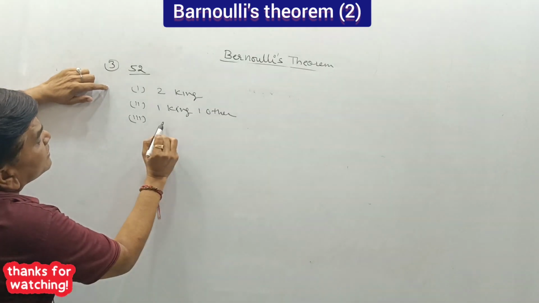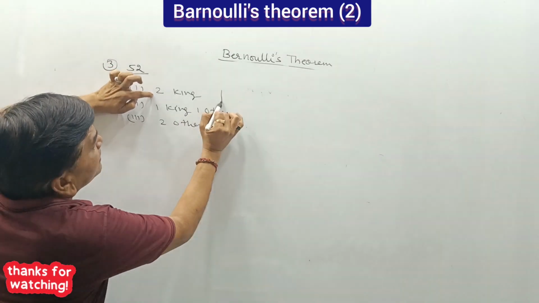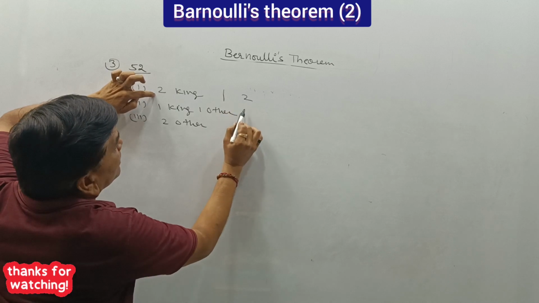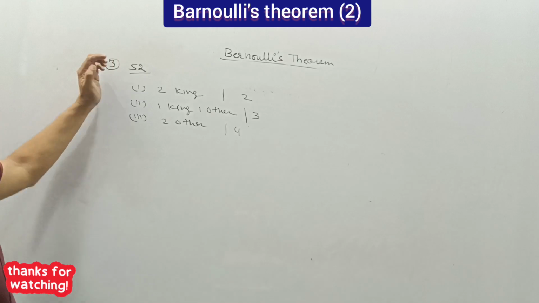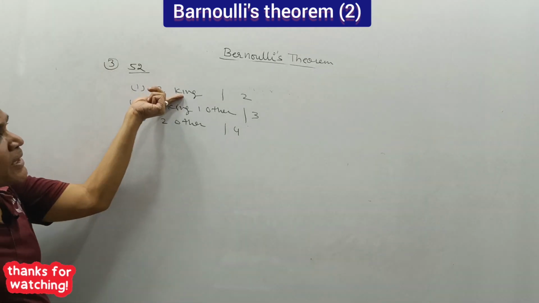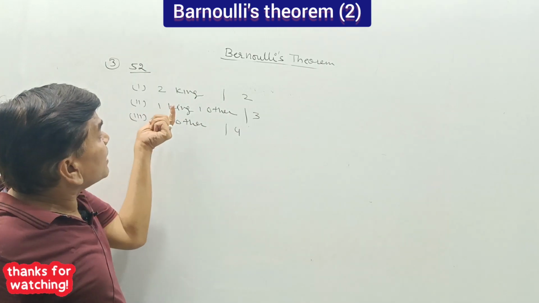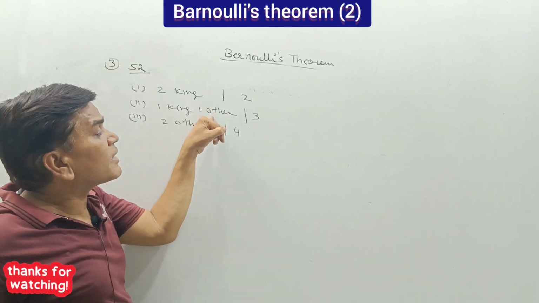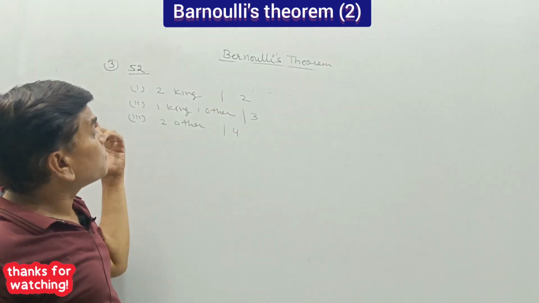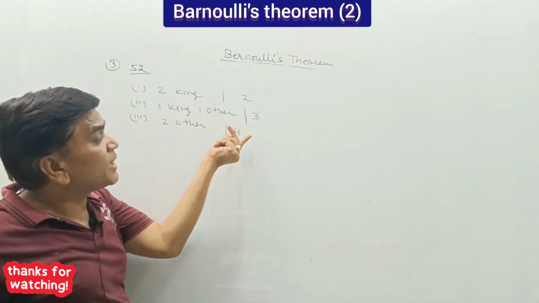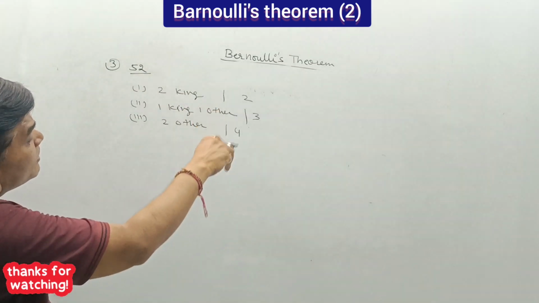Third probability is that both are other cards. If 2 kings are thrown, then remaining kings are 2. If 1 king is thrown, remaining is 3, and otherwise remaining is 4. If thrown cards are both kings, then in the remaining there are 2 kings. If thrown cards have 1 king and 1 other card, among the 50 there are 3 kings. If both are other cards, then remaining there are 4 kings. So we have to get the probability seeing this.